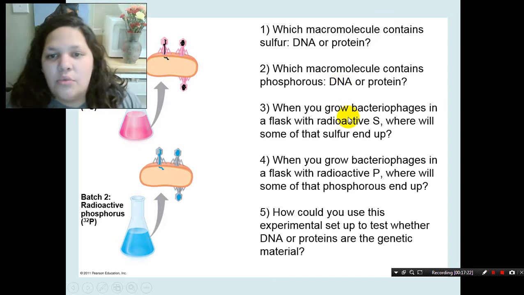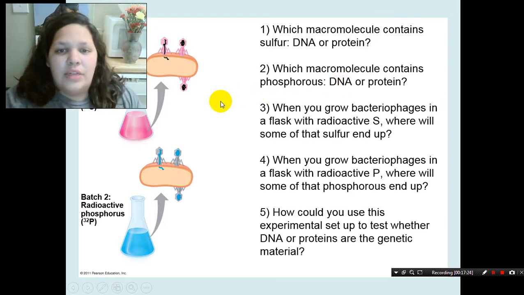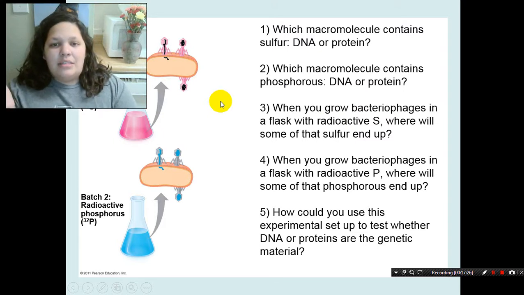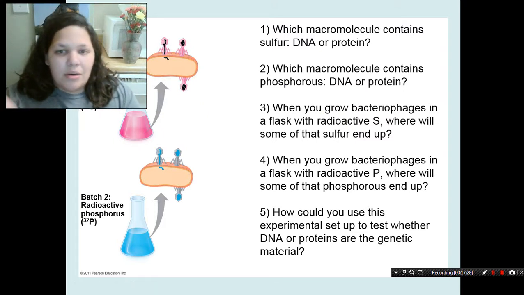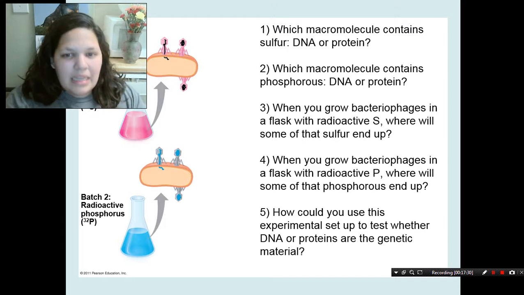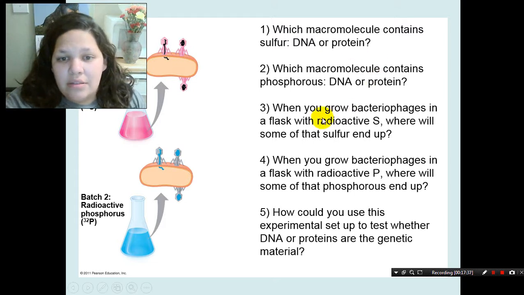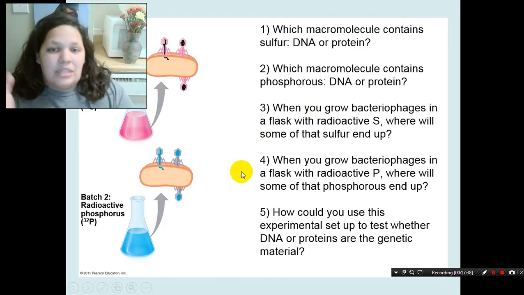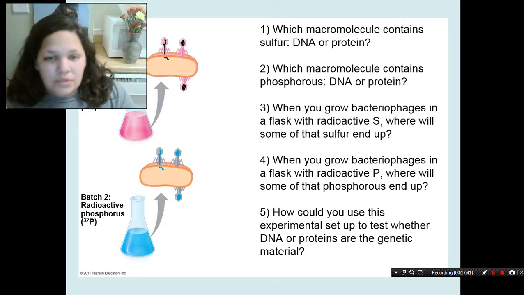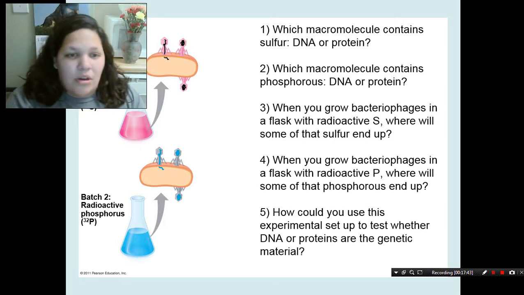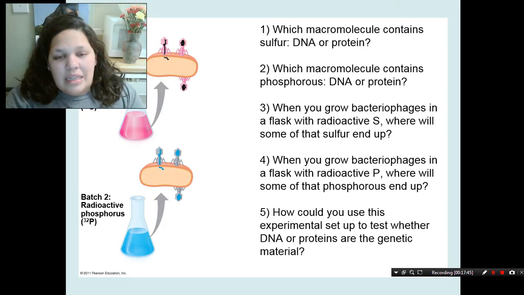This says when you grow bacteriophages in a flask with radioactive sulfur, where will some of the sulfur end up? And then we would expect that it would end up in the cells. When you grow bacteriophages in a flask with radioactive phosphorus, where do you think some will also end up? Well, we think that it'll probably end up in a bacterial cell.